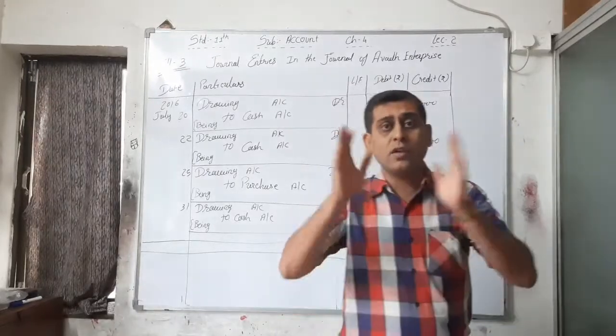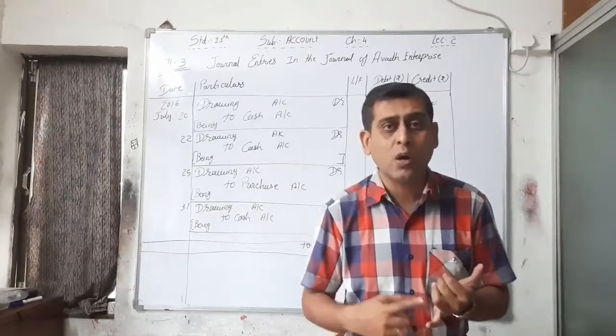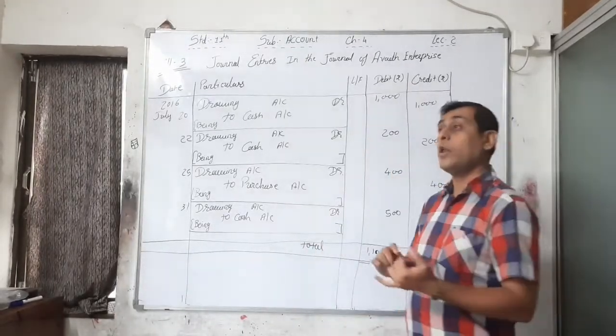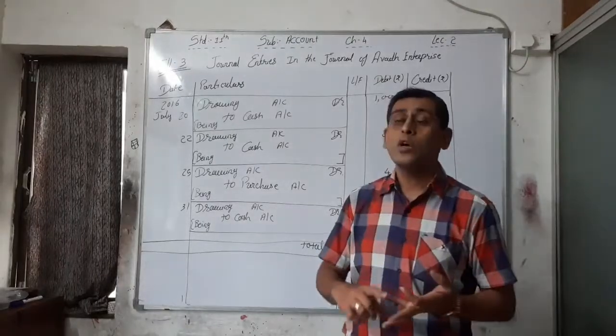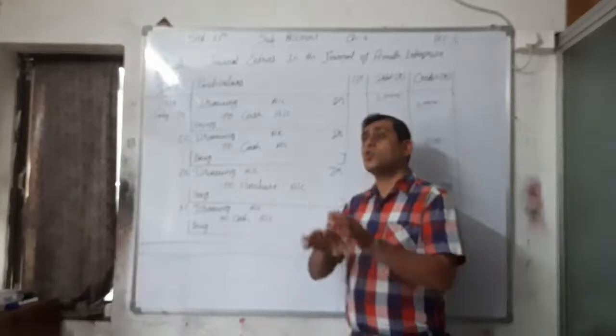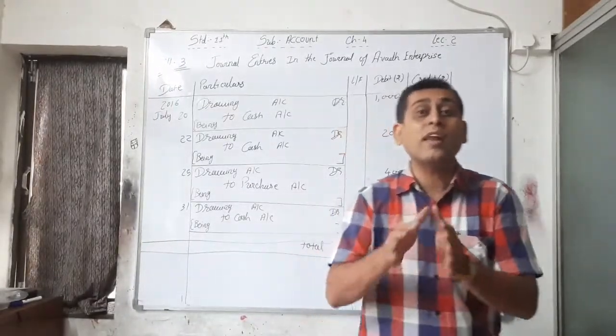It will ask in a whole form, that is all the accounts, personal account, real account and nominal account. Under that, all the purchases, sales, all expenses, all incomes, drawings, capital, all the goods, debtors, creditors, all accounts, purchase return, sales return will be asked.